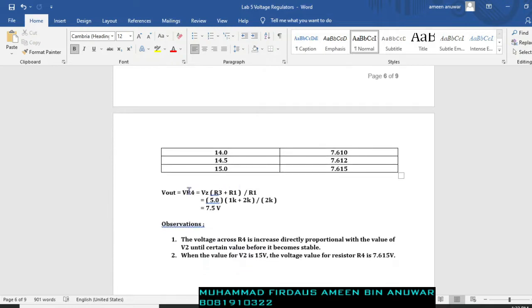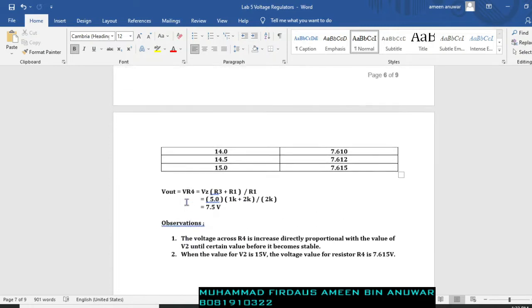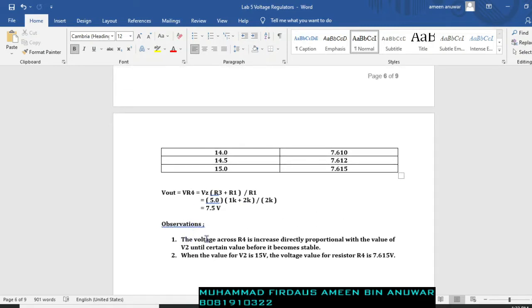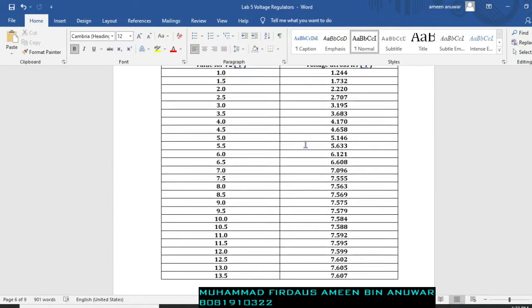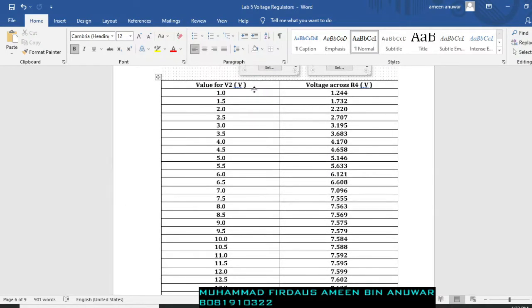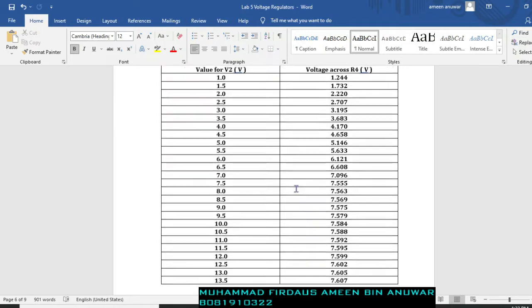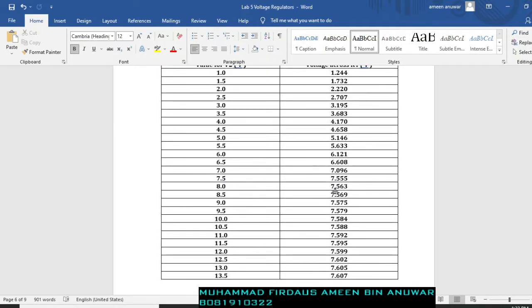So this is my simple calculation for the Vout based on the formula given in the lab sheet, and this one is for the observation, which is, as you can see, the voltage across R4 increases directly proportional to the value of V2 until a certain value before it becomes stable. As you can see here, it increases directly proportionally until a certain point where it becomes a bit stable, but still slightly increases.